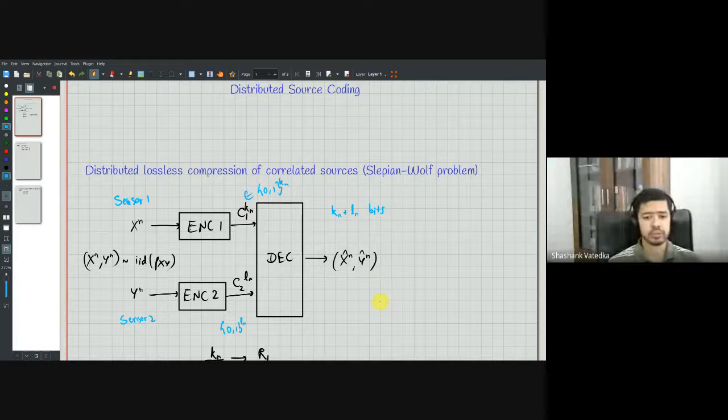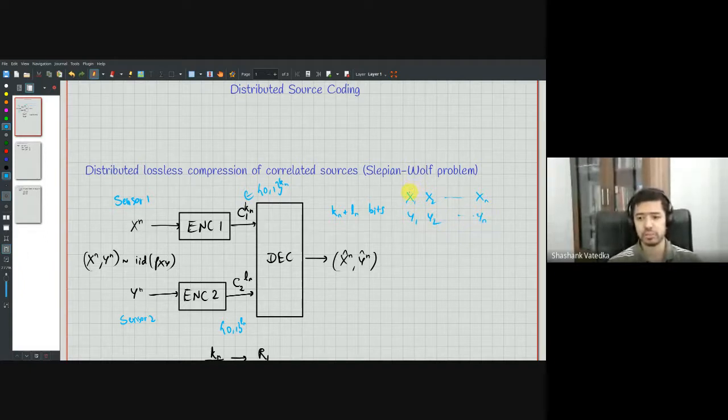So now suppose that encoder 1 decided to independently compress xn. The assumption on xn and yn will be that xn and yn are IID. So you have x1, x2 up to xn, and you also have y1, y2 up to yn.